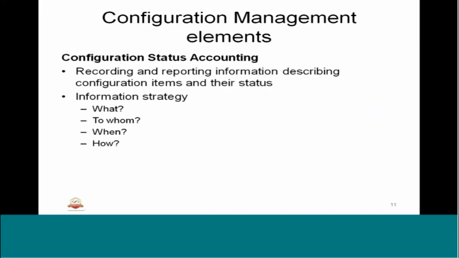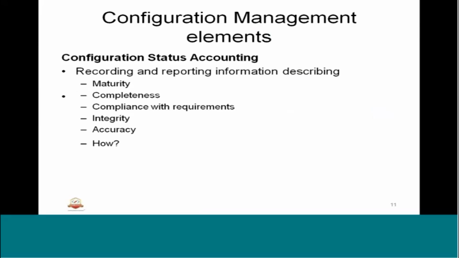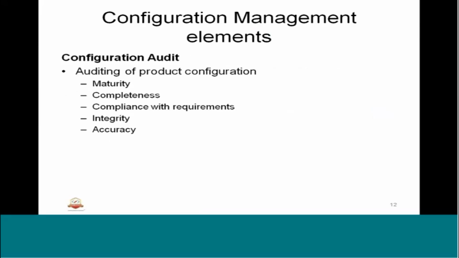Configuration status accounting is recording and reporting information describing configuration items and their status. So the information will have what the configuration items are, to whom it is addressed, when it was assigned, how it is going to be moved to the next stage. Configuration audit basically does the auditing of the product configuration, its maturity, completeness, compliance with requirements, integrity and accuracy.